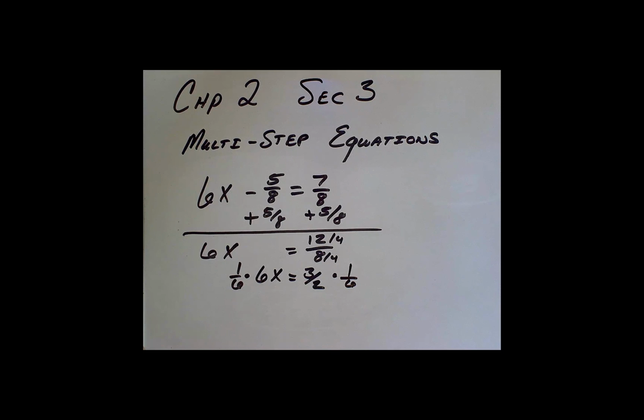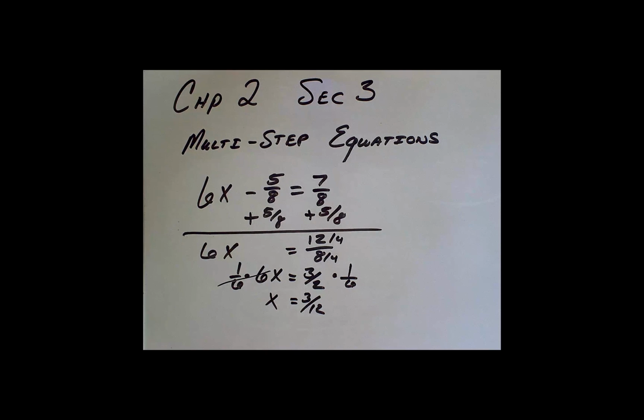Now you're starting to use a little more of the math that you learned in your lower grades, and I'll show you why. This cancels out, so we're just left with an x here. But what do we have on the other side? We have 3 times 1, which is 3, divided by 2 times 6, which is 12. Is that our final answer?